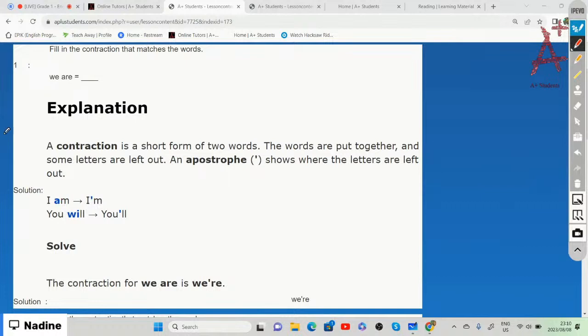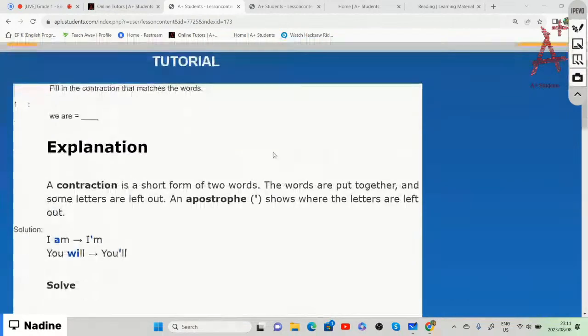We made an example of I am, which is two words, and the short form of I am is I'm. Then we have you will, and the short form of you will is you'll, right? These are contractions.